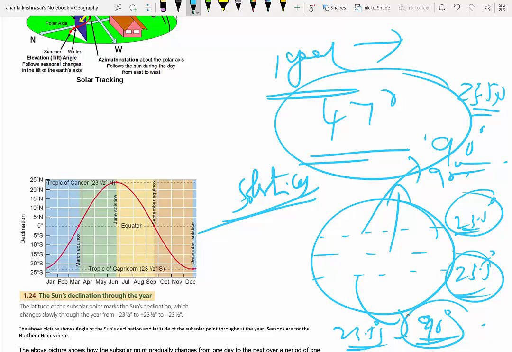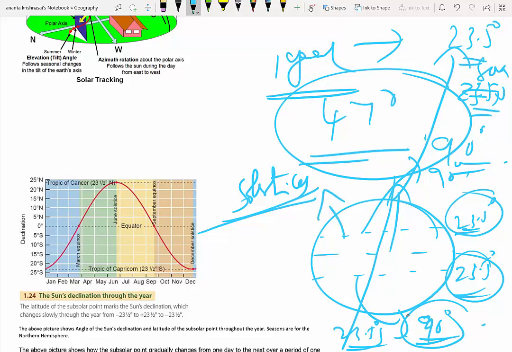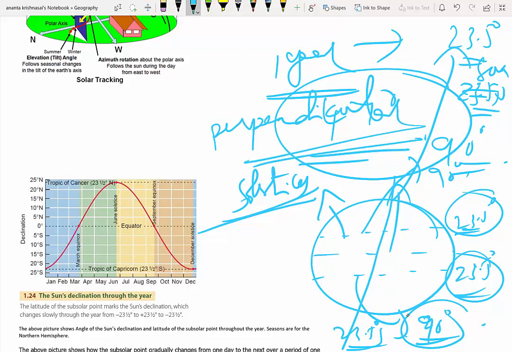We must remember that the north pole is tilted 23.5 degrees towards the sun, and hence we also have to understand here that this particular tilt of 23.5 degrees towards the sun causes the entire solar insolation to occur perpendicular to the 23.5 north as a parallel that is drawn to the equator.